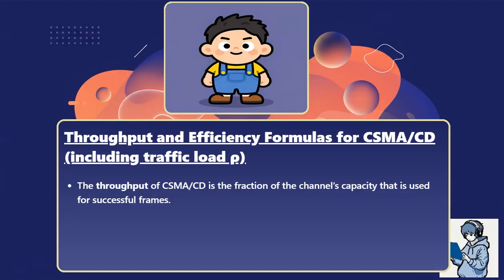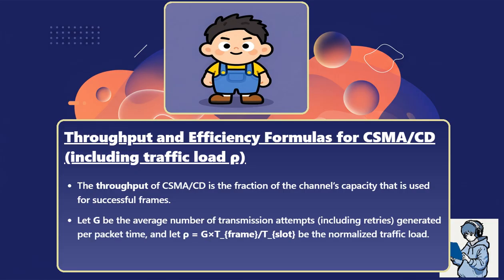The throughput of CSMA/CD is the fraction of the channel's capacity that is used for successful frames. Let G be the average number of transmission attempts, including retries, generated per packet time, and let rho = G × T_frame / T_slot be the normalized traffic load. The probability that a slot is idle is P_idle = e^(-G).